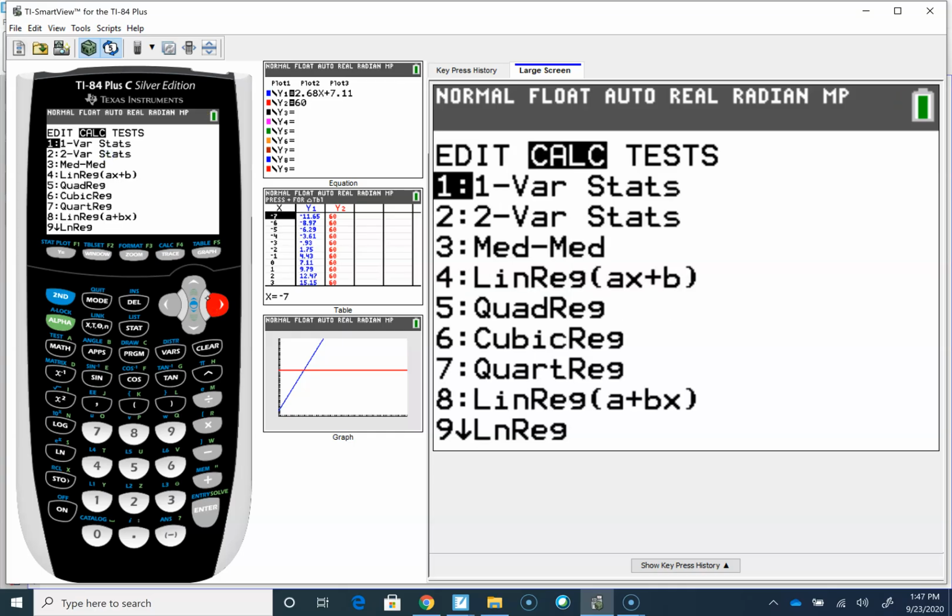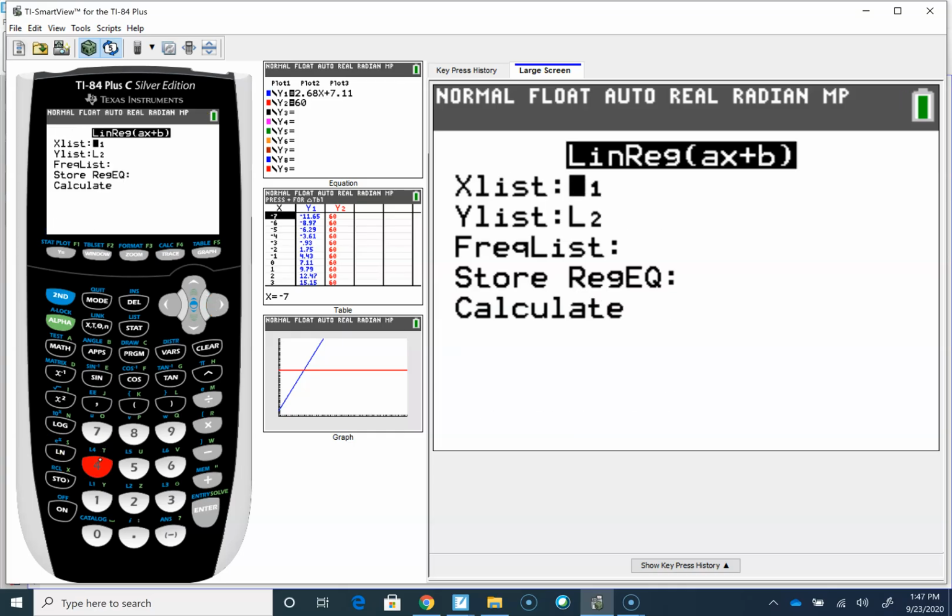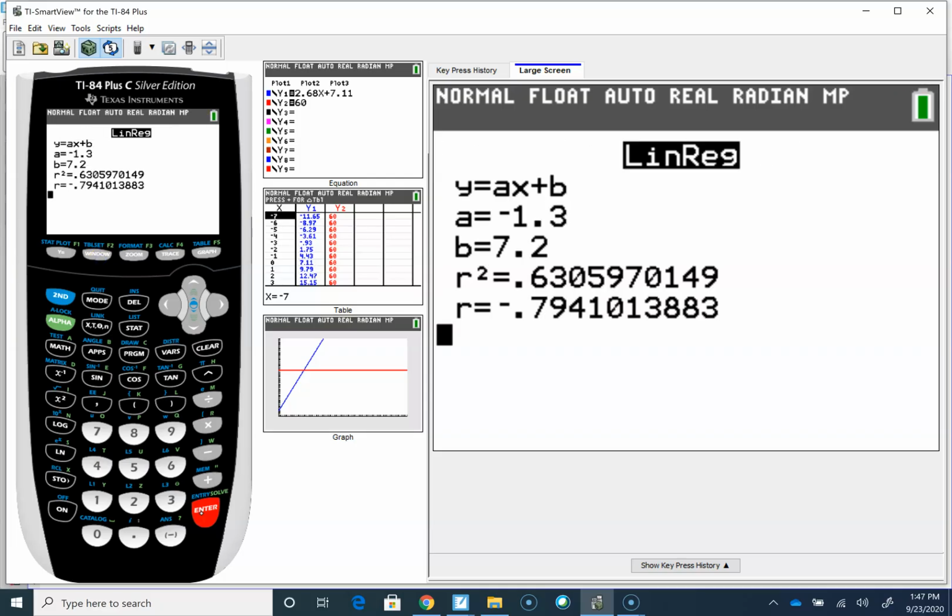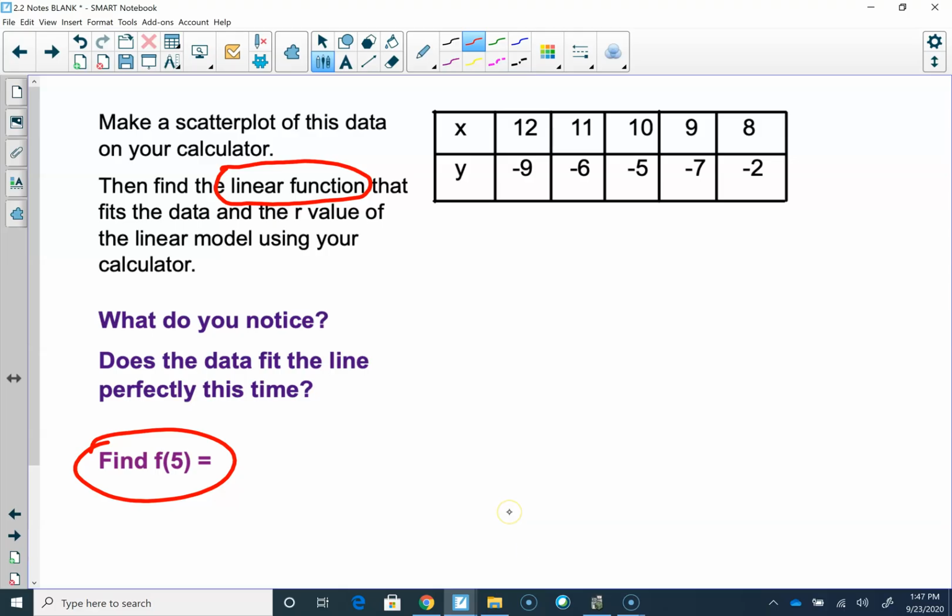I'm going to calculate number 4, which is a linear regression. I'm going to let the calculator do the work for me. And here is my equation. So the a is going to go in front of the x, and the b is my y-intercept. And look, the r squared value is 0.6305. So I'm going to go back and write that on here.